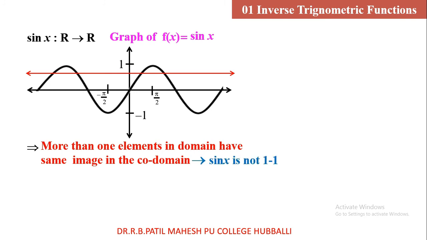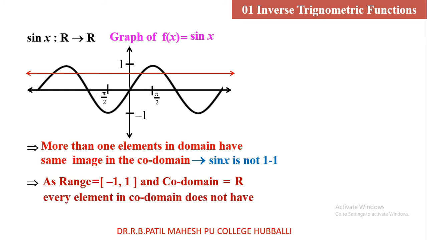Therefore, sin x is not 1-1. And onto: as the range of the sine function is, you know, the closed interval minus 1 comma 1, and the codomain is equal to the set of real numbers, they are not equal. Therefore, every element in the codomain does not have a pre-image.